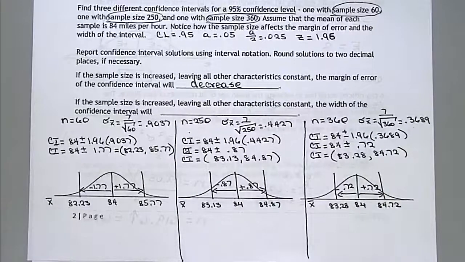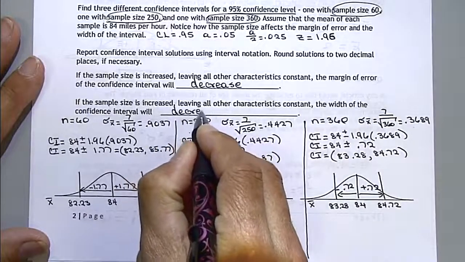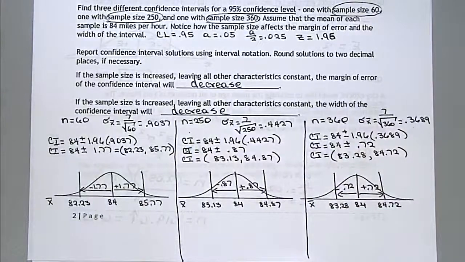What happened to the width of that confidence interval? Did it get bigger? Did it increase, or did it decrease? It decreased also, didn't it? Those are your conceptual, you should understand that problems. Questions, okay?